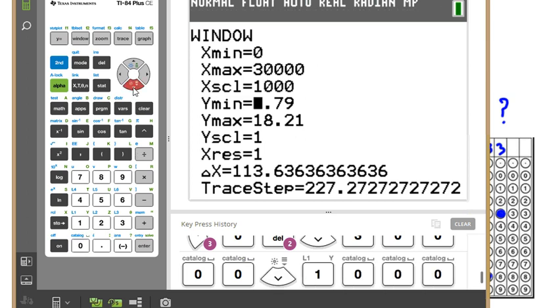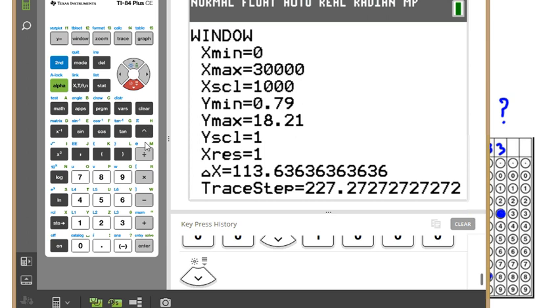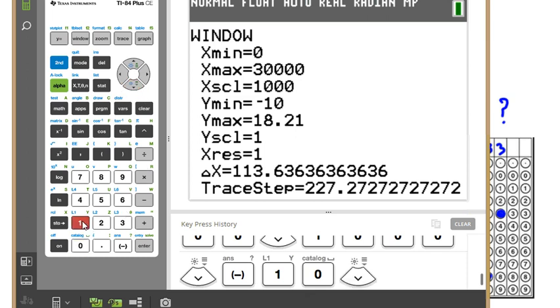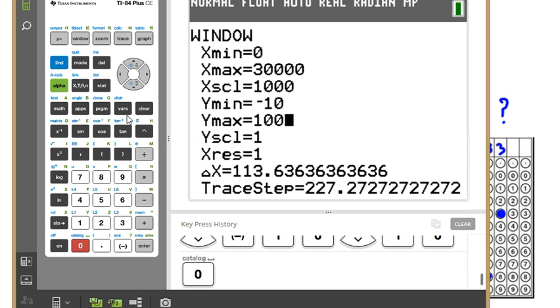For y minimum, we'll go to -10, y maximum 100 maybe, and a y scale of 10 maybe.